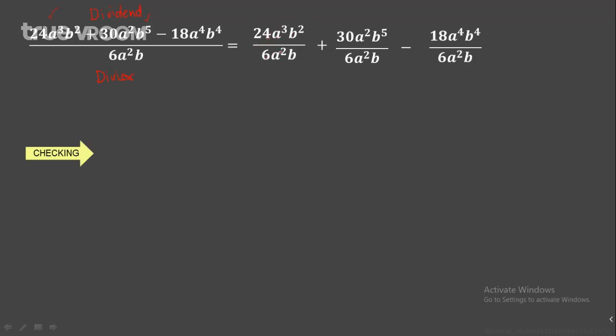cubed b squared divided by 6a squared b? Who can answer? Yes, teacher. Okay, what is 24 divided by 6? Is equal to 4ab. 4ab, there, plus.